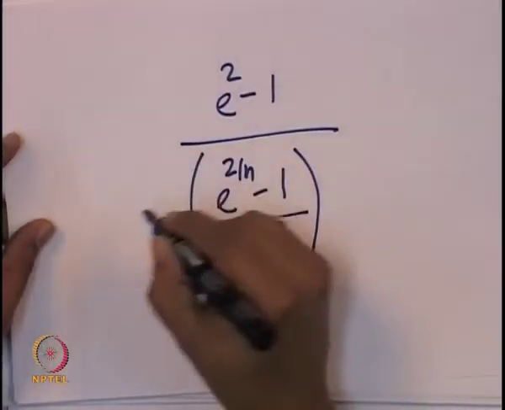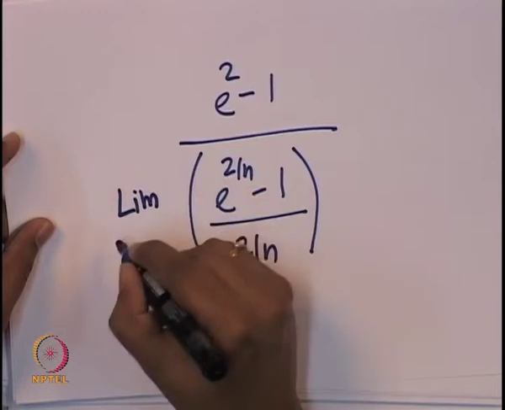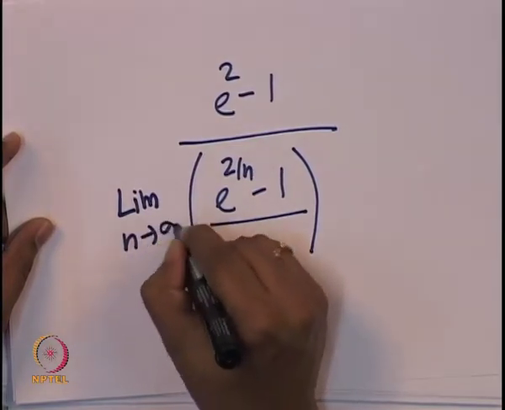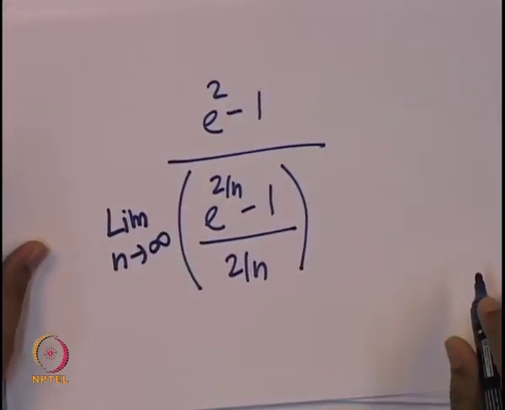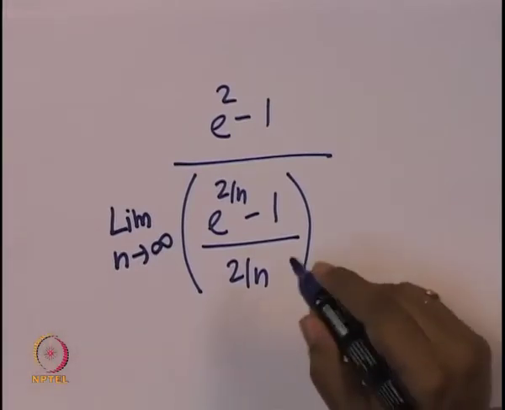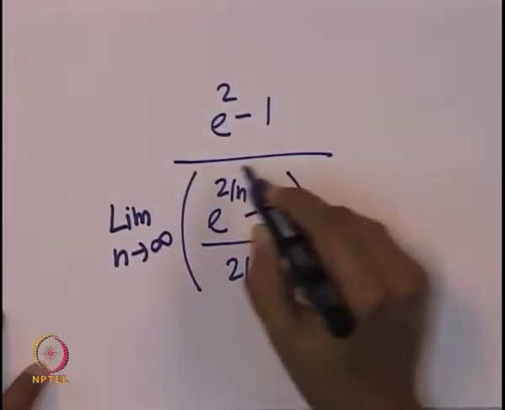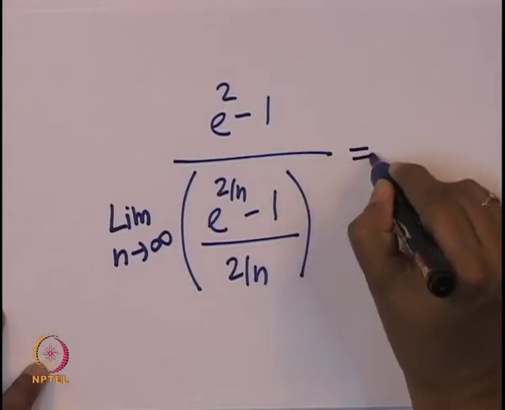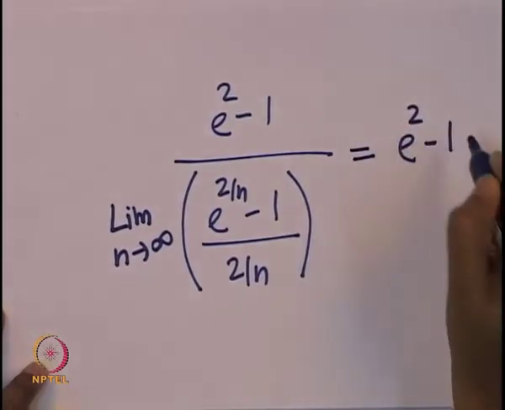This is my S of n, and I want the limit n going to infinity. It turns out that when n goes to infinity, this term will go to 1. So then you will have the answer e square minus 1.